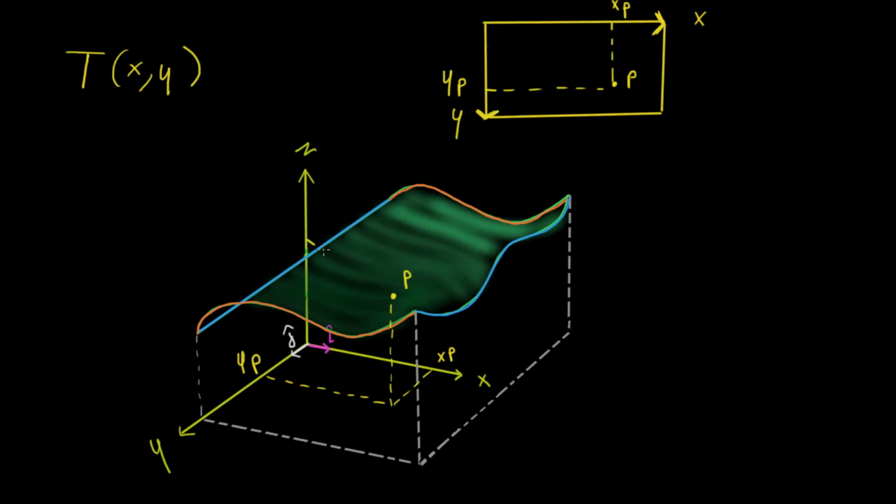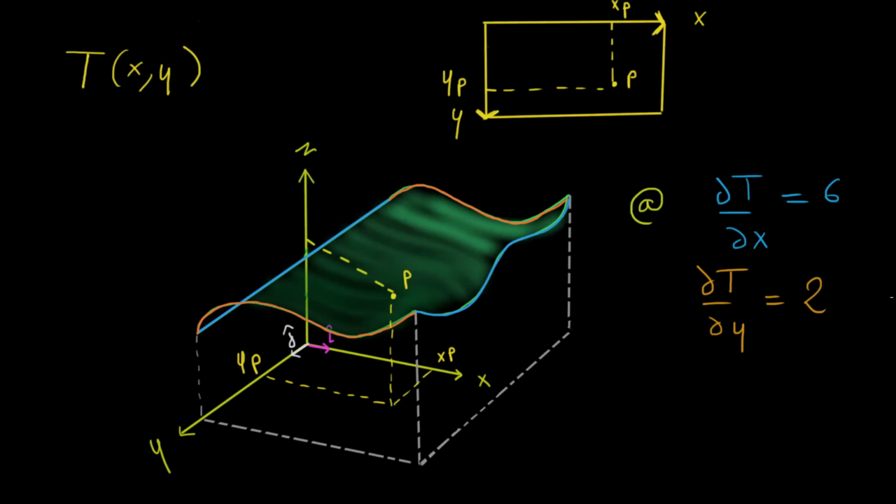The height of this point P will give us its temperature. Now, let's say that I also know that at this point P, the partial derivative of T with respect to x is equal to 6, and that the partial derivative of T with respect to y is equal to 2.